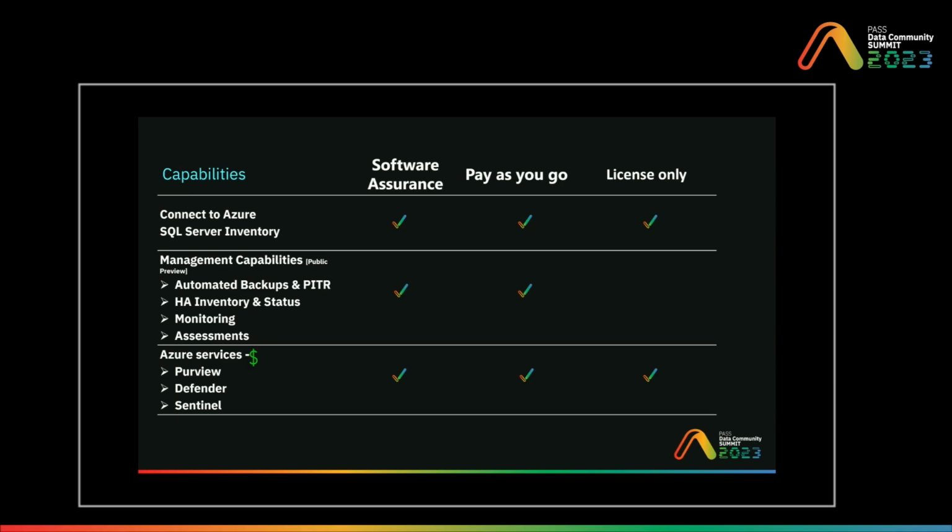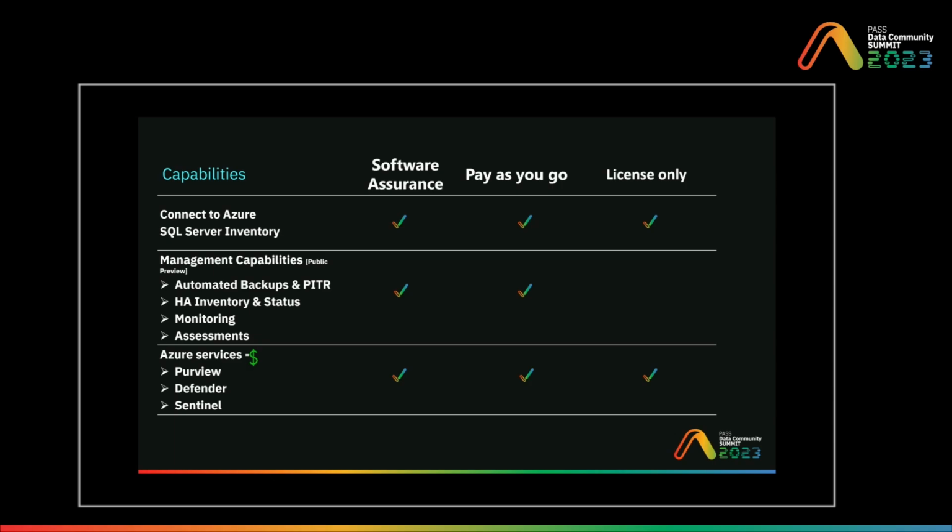You might already have a software assurance license that you already paid for your SQL servers. You just need to tell us that I already paid for it, right? Once we know that these SQL servers are already paid, then a bunch of these capabilities are going to get you for free, like the auto backups, the migration assessments that I talked about, the monitoring capability, the basic monitoring capability. These all come free for you. You don't have to pay anything.